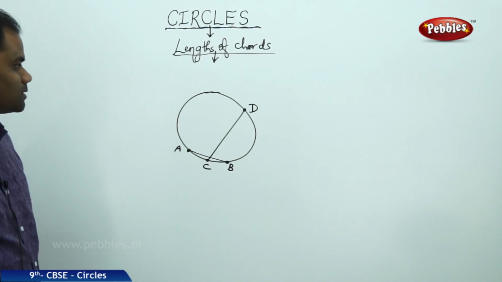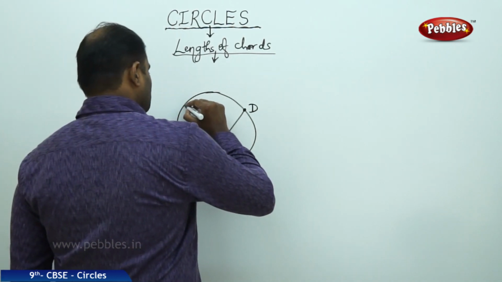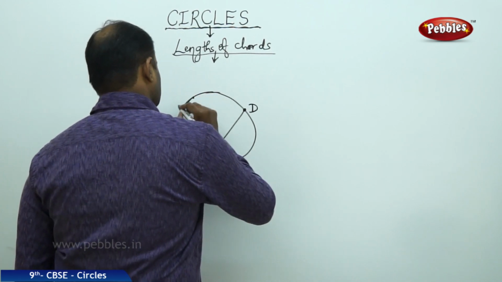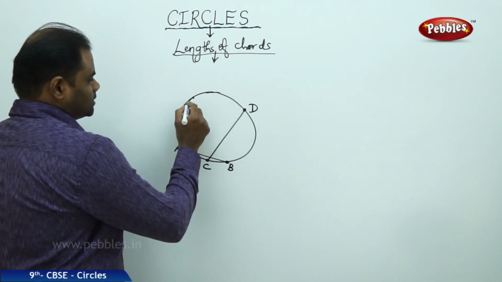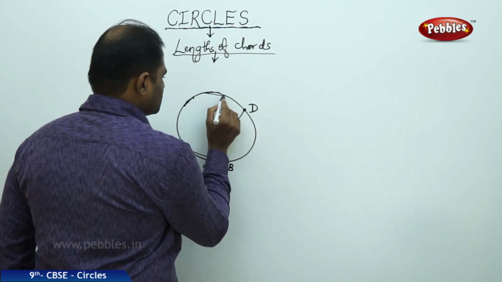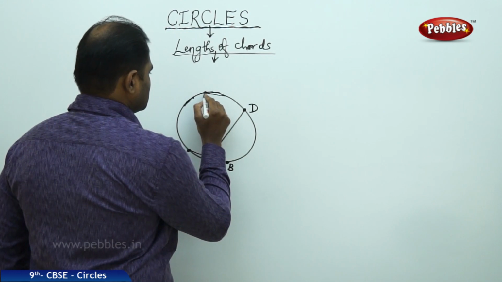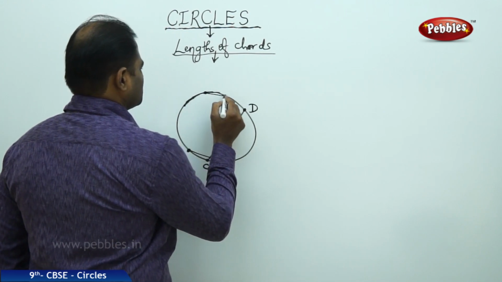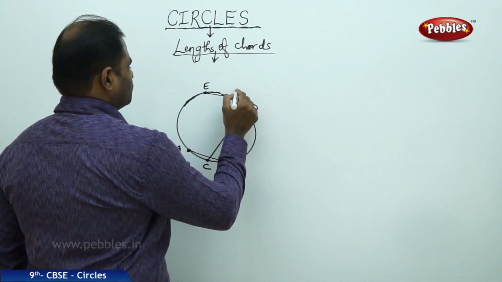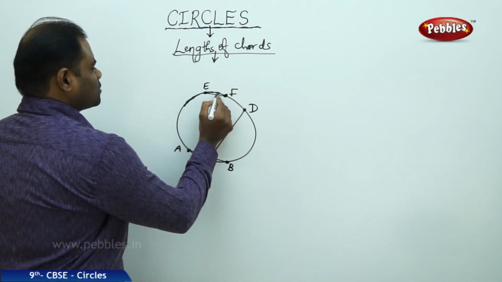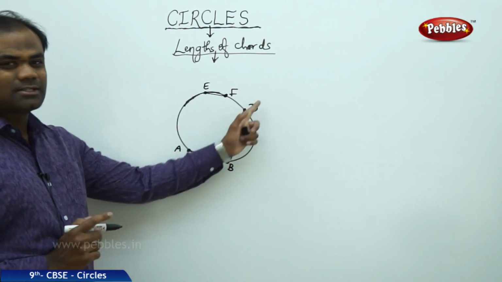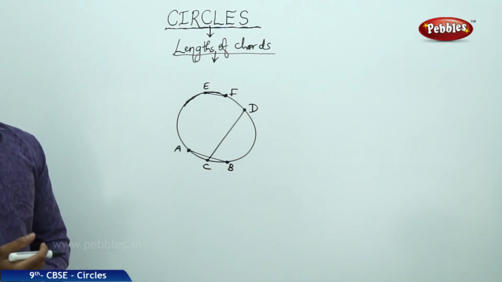Let me take one more chord which joins these two points. I find this chord to be very small. AB is a chord, CD is a chord, EF is a chord.